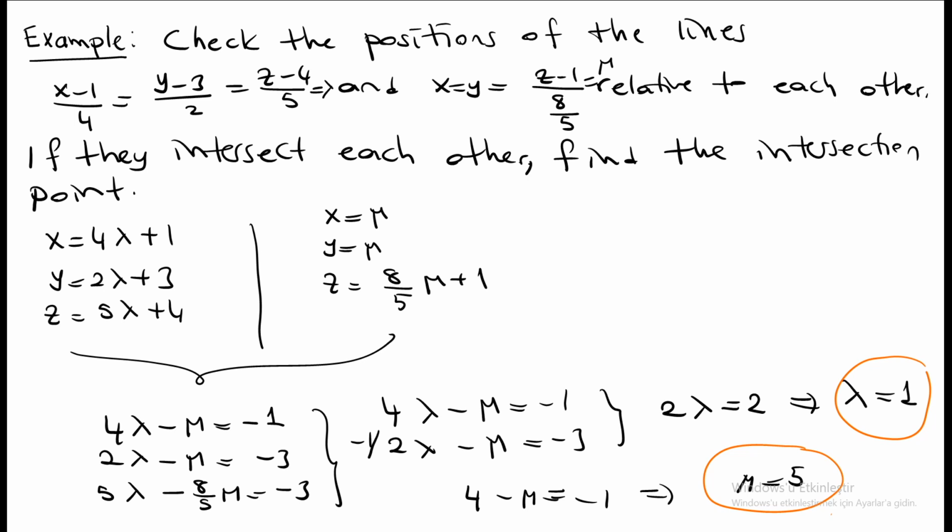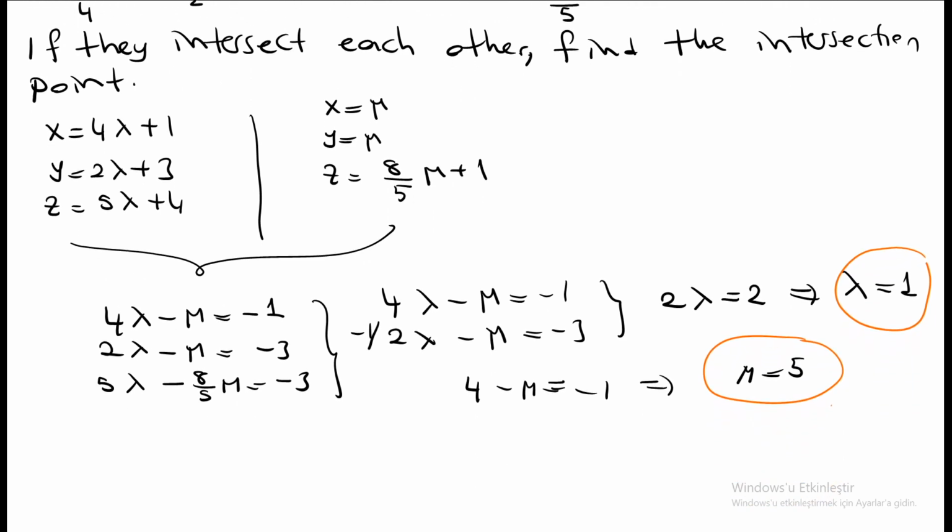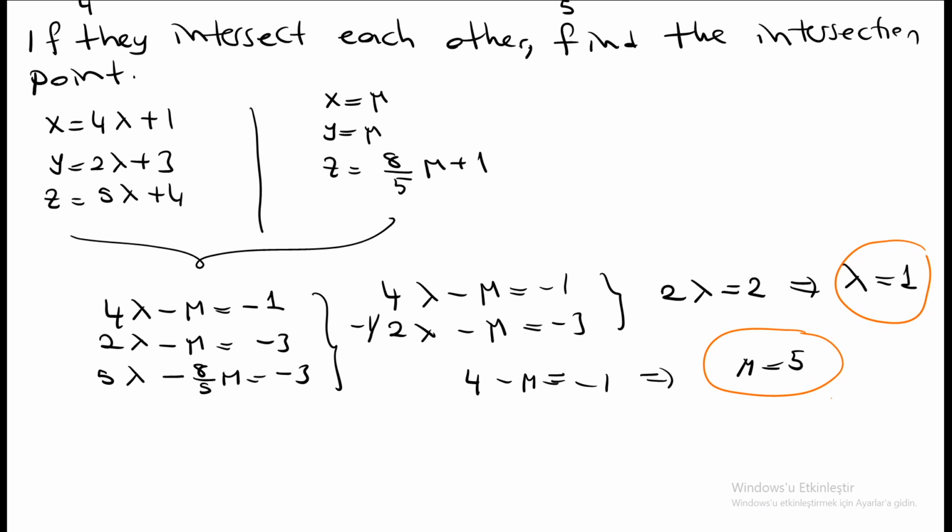Now we will put this lambda and mu in the third equation. So 5 times 1 minus 8 over 5 times 5 will be negative 3. So you have 5 minus 8, negative 3.